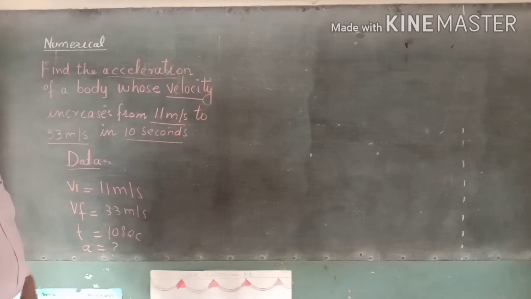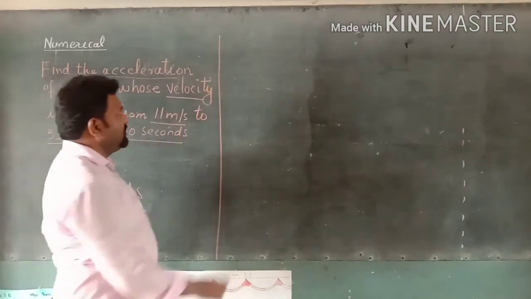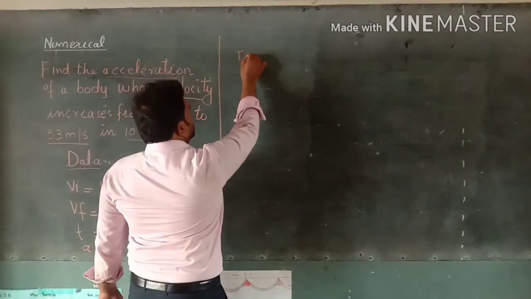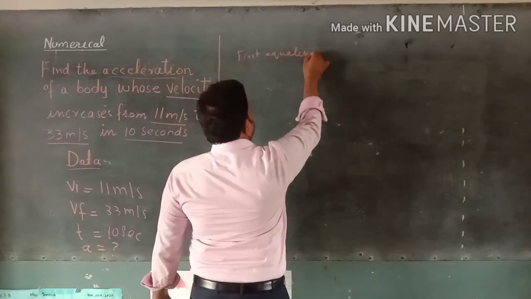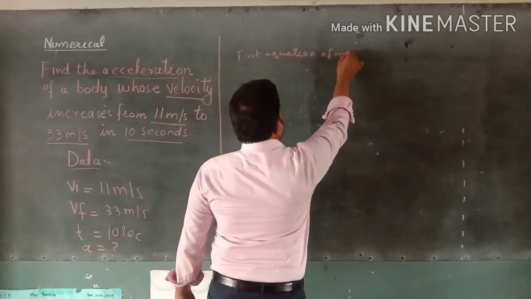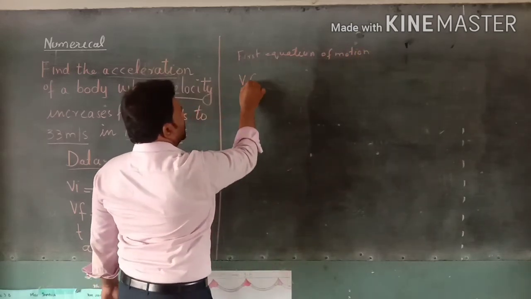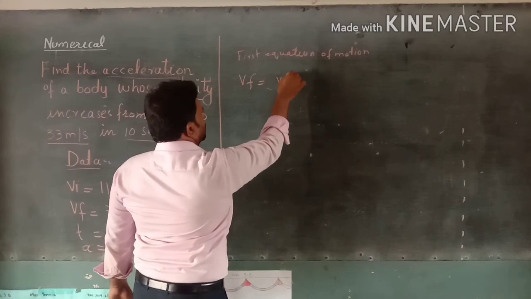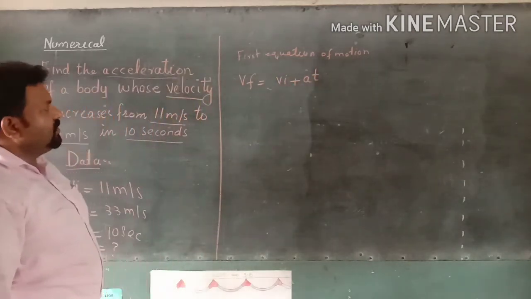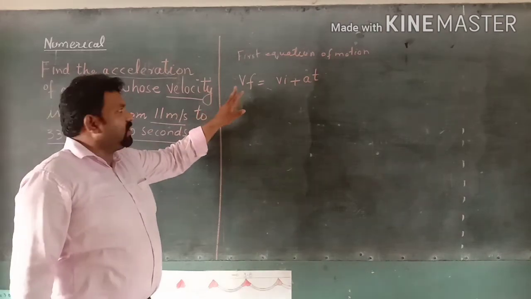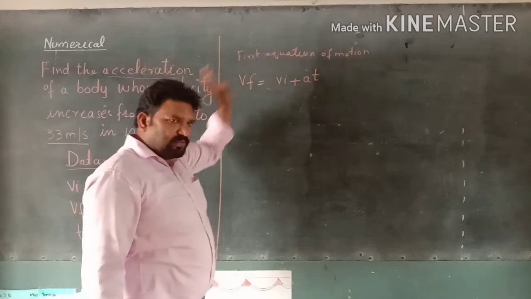To find the value of a, we will use the first equation of motion. The first equation of motion is Vf is equal to Vi plus At. Now we will put the values of Vf, Vi and t in this formula.